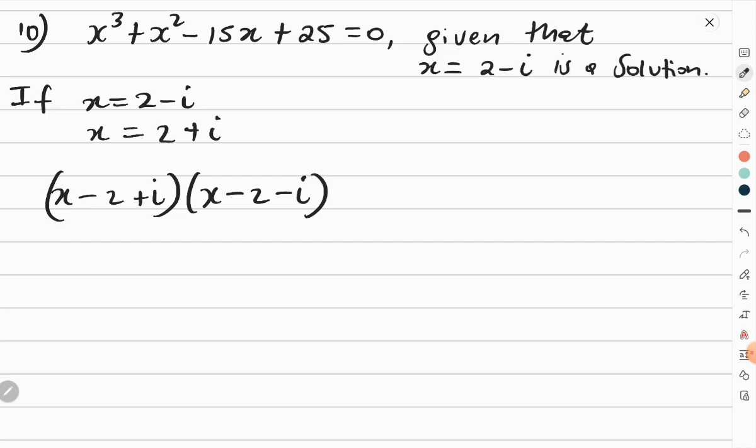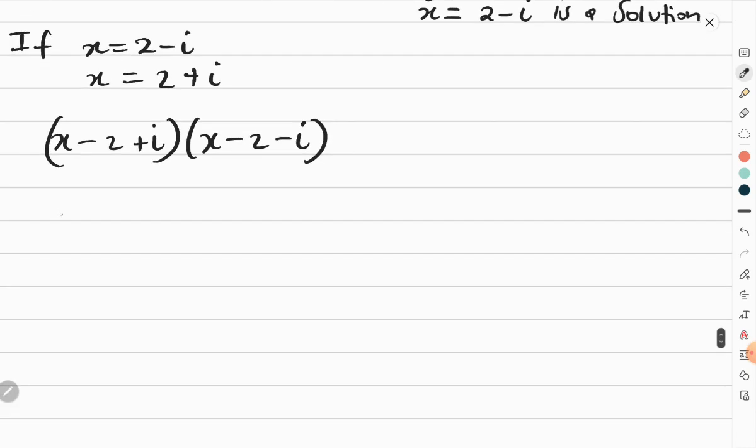Let's just work on this one so that we'll see how to go back to the original equation. So now we are going to expand this one. x times x is x squared. Then x times negative 2 is negative 2x. We also have negative xi. Then coming to this one, we're going to have negative 2x, then plus 4, then plus 2i.